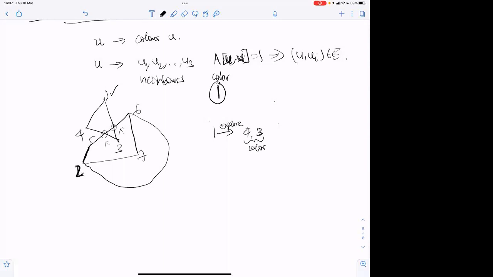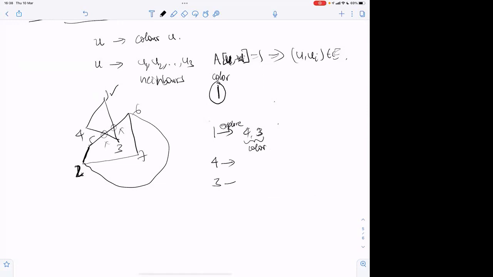Now you take out one of the colored vertices, say 4, and you explore its neighbors. You look at what are its neighbors, 1 and 3, correct? Both of them are already colored, so the exploration doesn't put them back again.